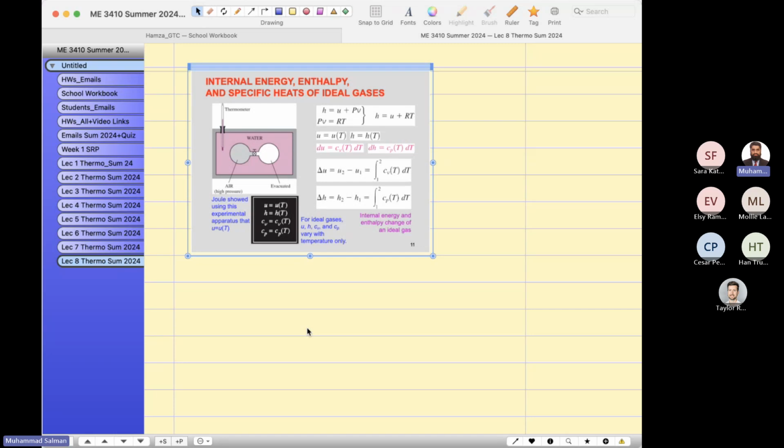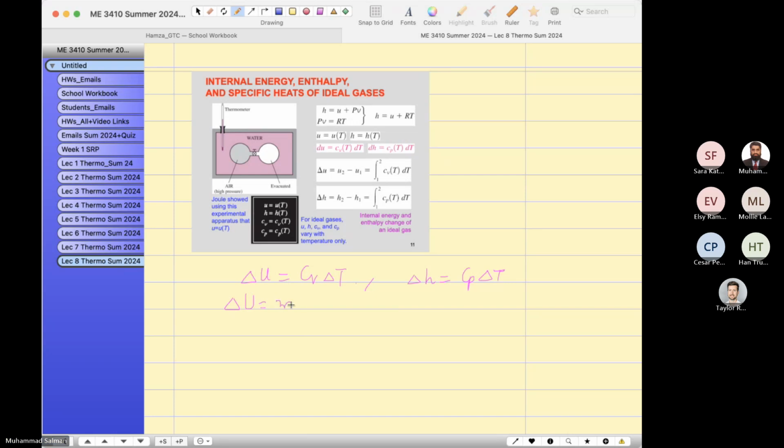Another formula which you should note down here: delta U, the total change in internal energy, equals Cv delta T, and delta H equals Cp delta T. This is for specific, for big U, kilojoules per kilogram.